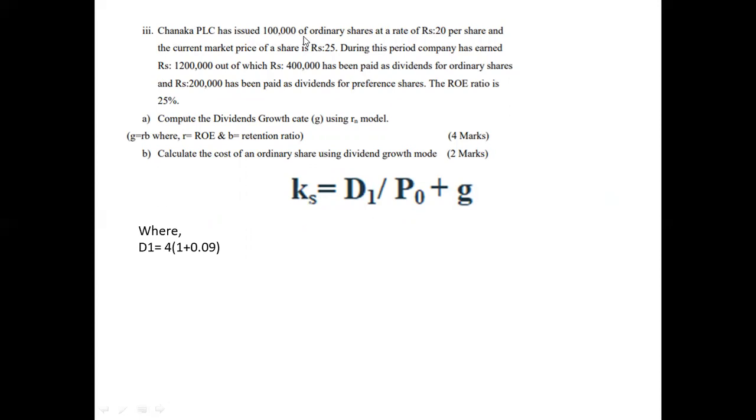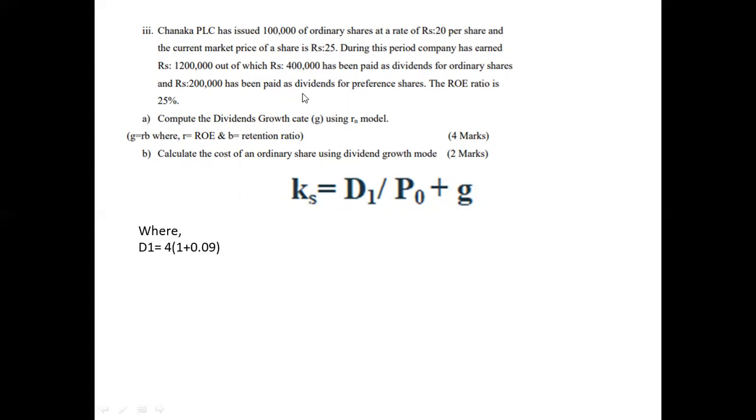Chanaka PLC issued 100,000 ordinary shares at 20 per share and the current market price is 25. That means 25 is P0. During this period the company earned 1.2 million, and 400,000 is the paid dividend.